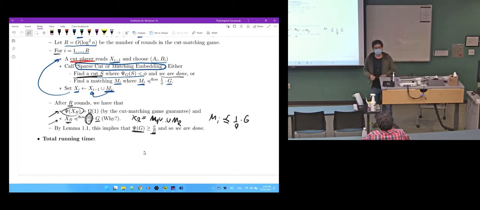I'm not sure, because we are linearly adding each one. It's not clear. Instead of linearly adding these, can you cancel flow somehow and get better congestion? That's not clear.